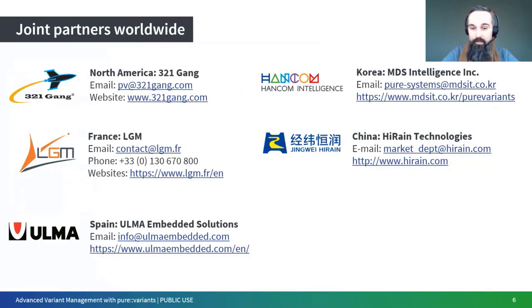Thanks to our valued consulting partners, we can provide worldwide training and consulting services for product line engineering with Pure Variants. So in North America, for example, we have partnered with 321 Gang to ensure excellent support for our US and Canadian customers. In Europe and Asia, we also established strong partnerships to ensure excellent remote and on-site training and consulting in our customers' mother language.